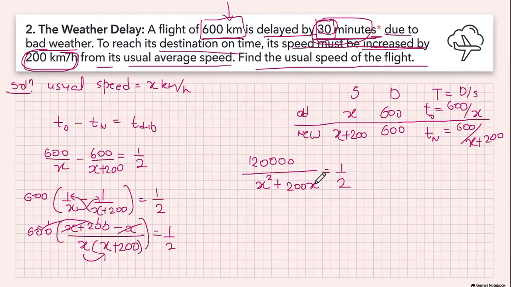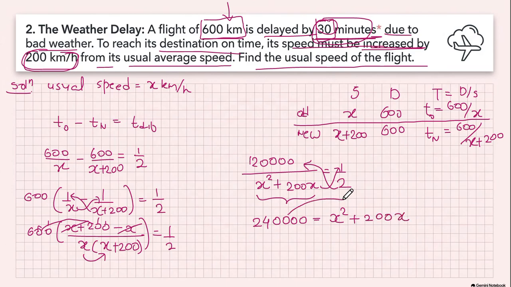So if we do the cross multiplication one more time, this 2 will come here in the multiplication. So 2 into 12, which is 24, and the remaining 4 zeros as it is, equal to x square plus 200x multiplied by 1. So if we multiply with 1, it will be the same thing, x square plus 200x.